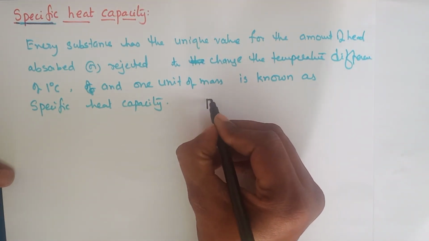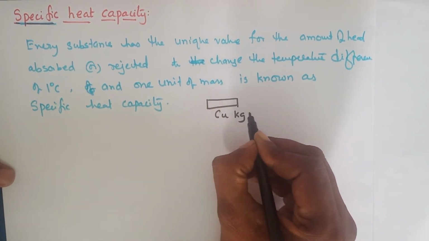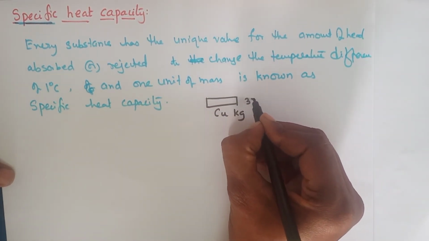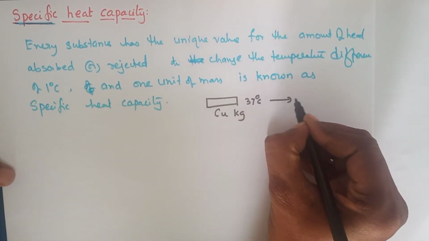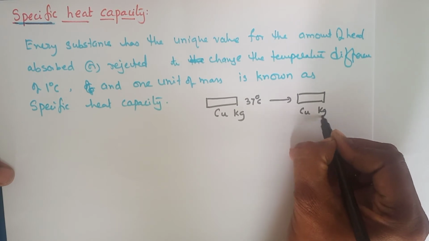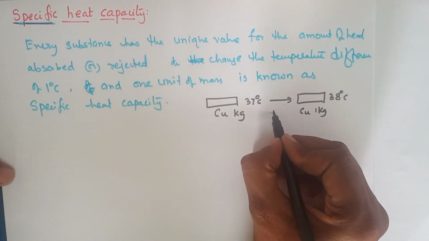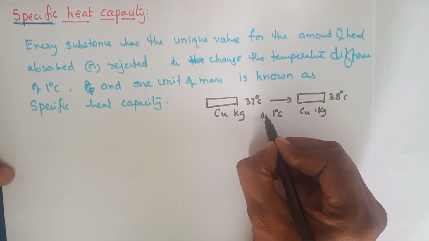Let us say a 1 kg copper slab. Earlier it is at 37 degree centigrade. Now take the same 1 kg copper and make it 38 degree centigrade. What is the temperature difference?